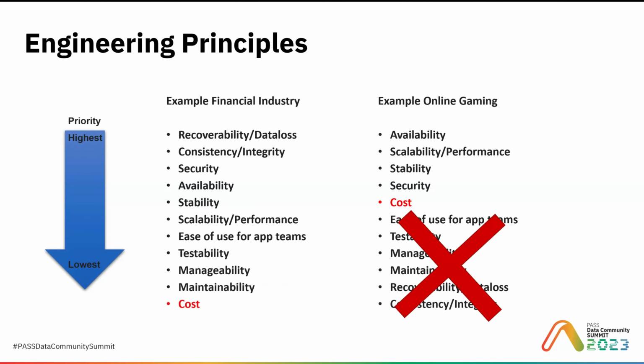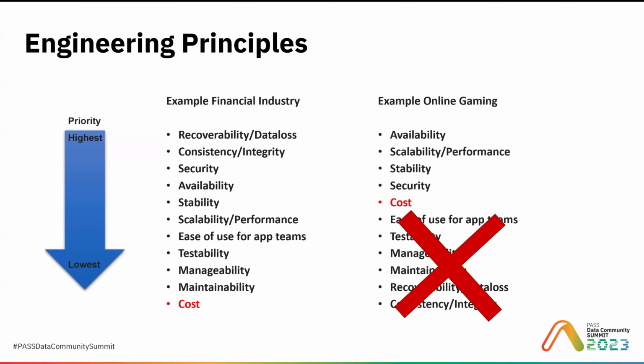And the interesting part is that for the financial industry, cost is usually at the bottom. Doesn't mean they don't look at how much things cost. But the reason I put cost in red on both of them is that wherever you put cost in these engineering principles, none of the ones below will ever be discussed.